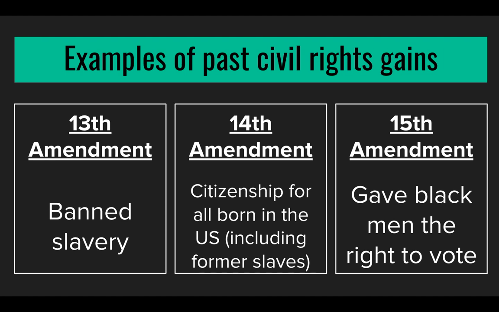But these three examples show that there have been some gains in civil rights after the Civil War. But after that, a little bit of stagnation, right? A little bit of not that much progress. And this is why we see civil rights come out in the 50s, 60s, and 70s and be a huge movement for change.